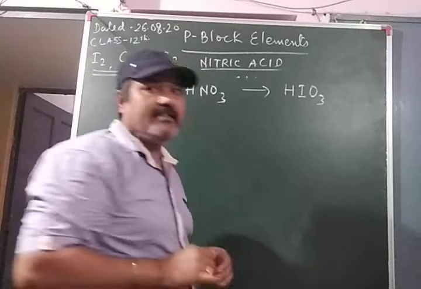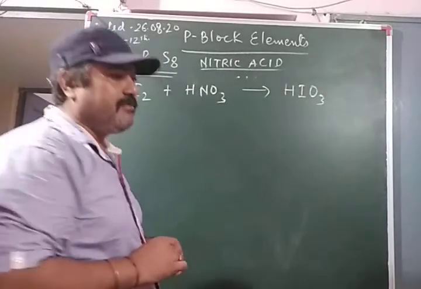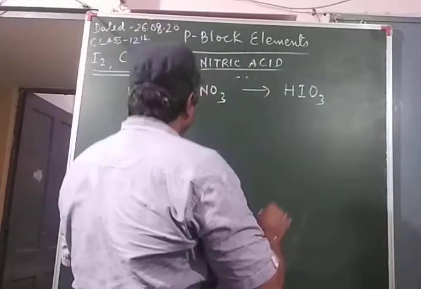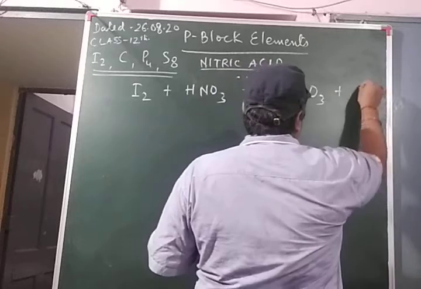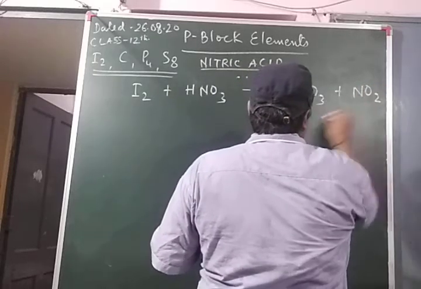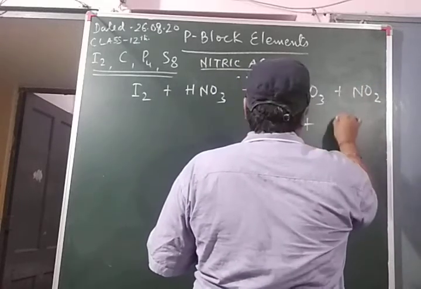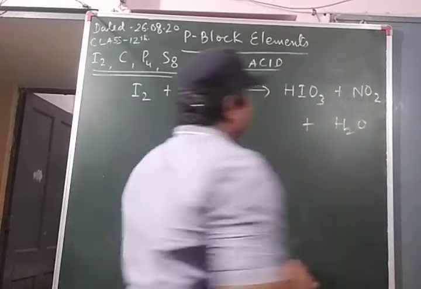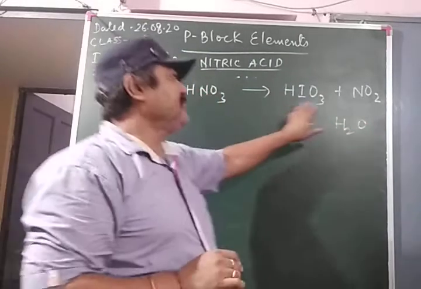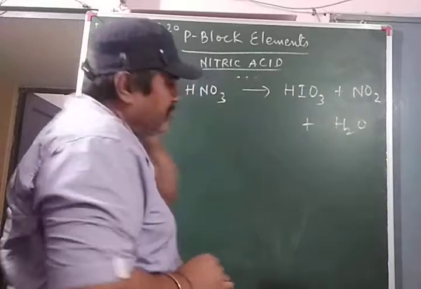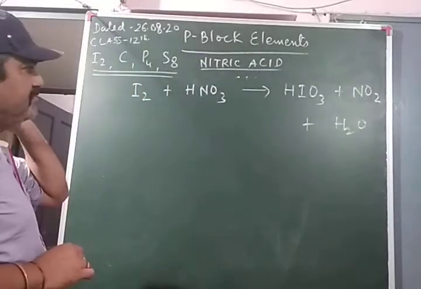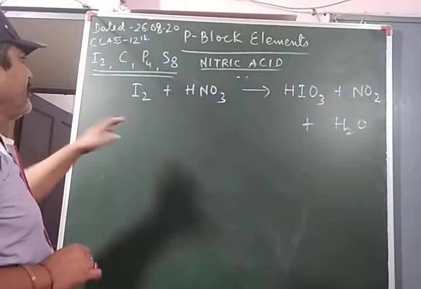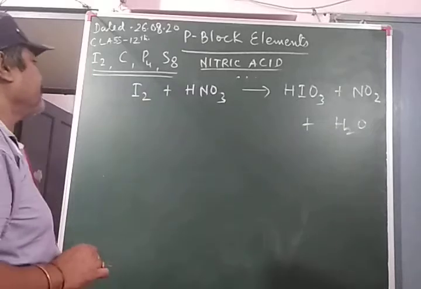This is iodic acid, HIO3. Then nitrogen dioxide and water. Always an acid, nitrogen dioxide and water. These will be the general products. Now how can we balance it?